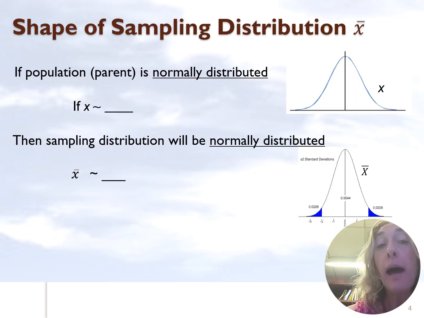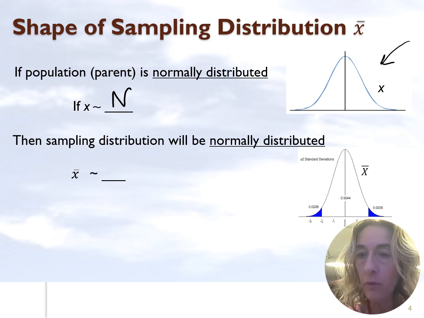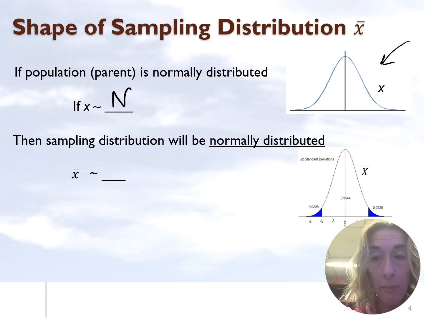So next we're going to talk about the shape of the sampling distribution of x bar. If your population or your parent distribution is normally distributed, another way to write that is if x is distributed normally, as shown on the right, then automatically the sampling distribution will be normally distributed. Or another way to write that is x bar will be normally distributed.